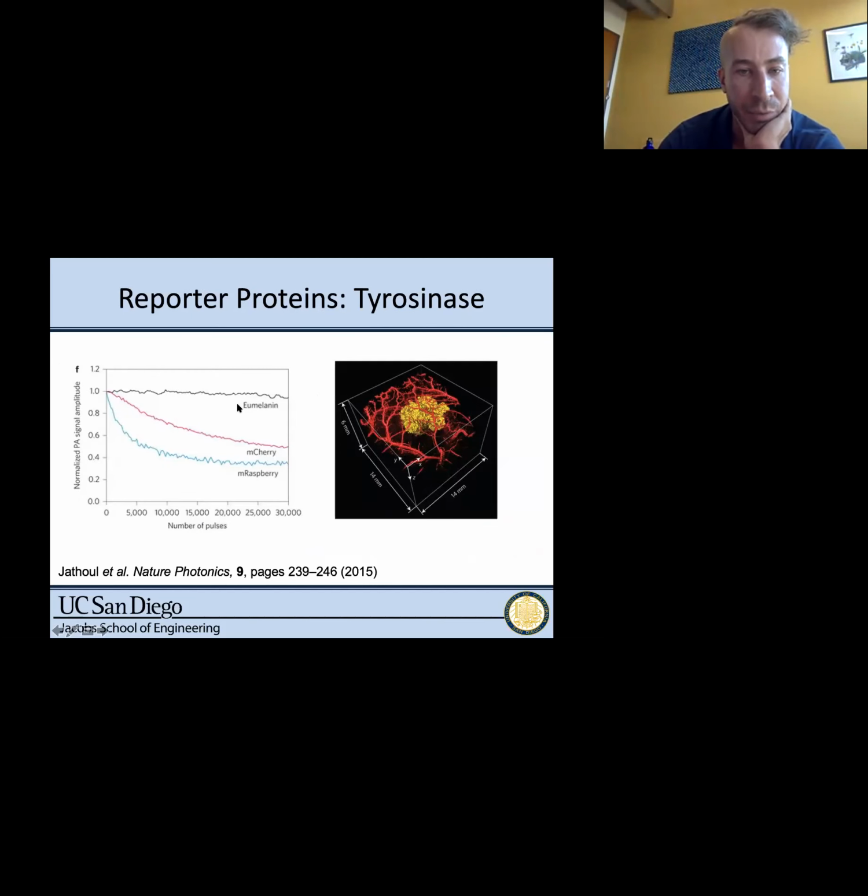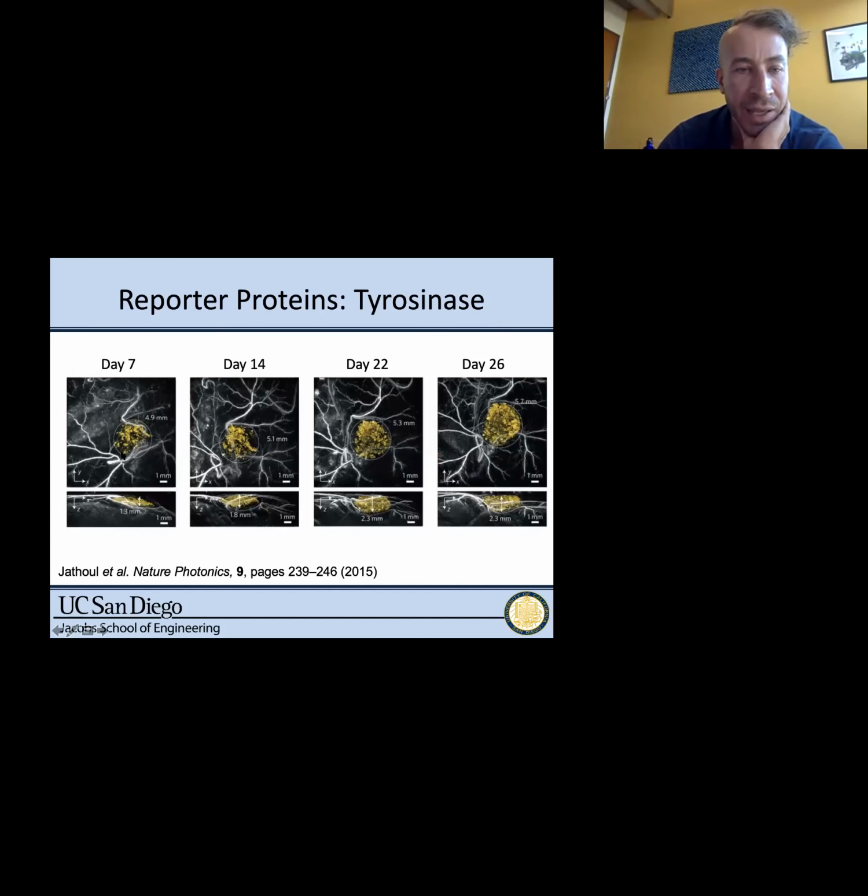And this is the stability of the melanin. If you have this as a reporter gene in your cells, you inject the cells and watch them grow over time. So this is an example of a photoacoustic reporter gene.